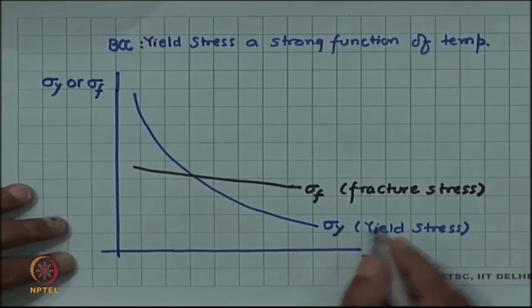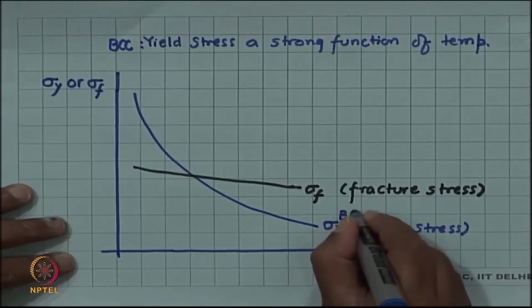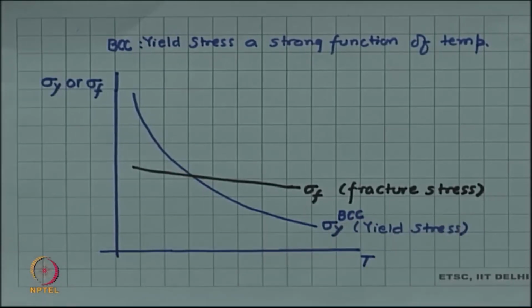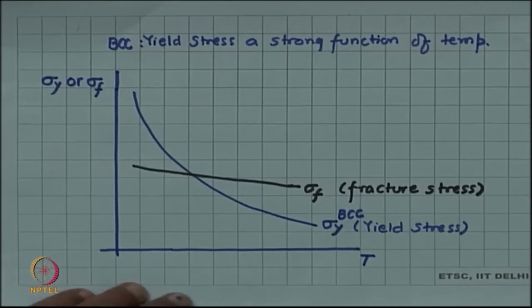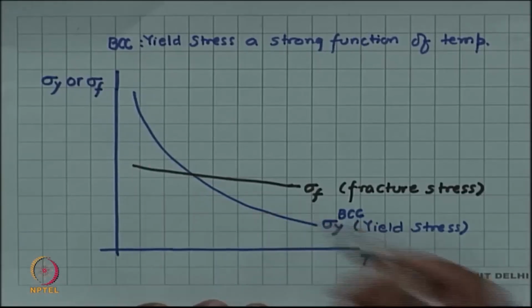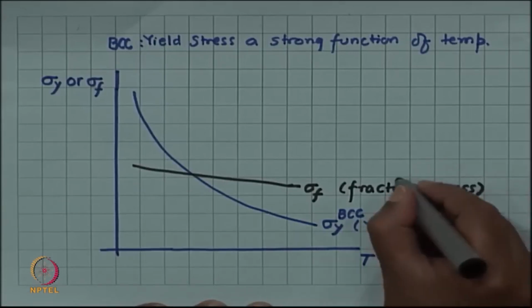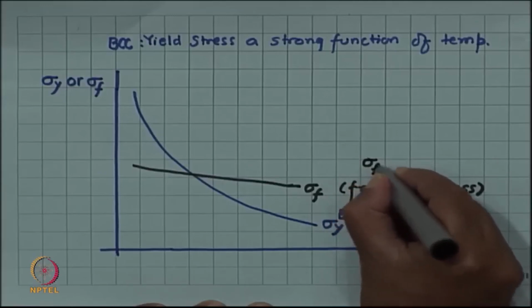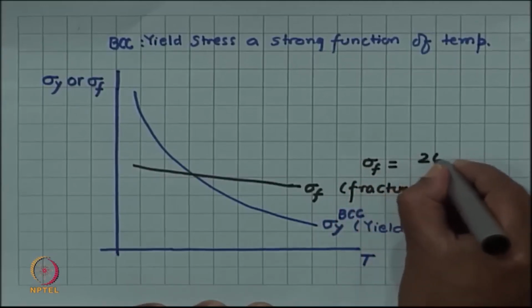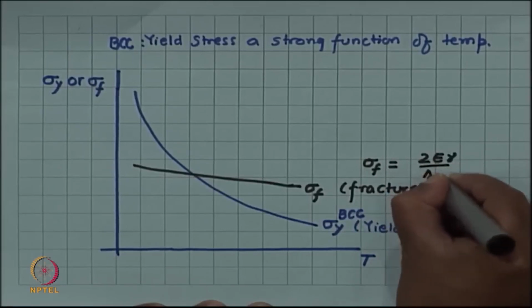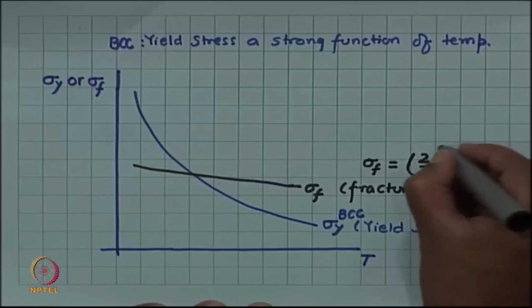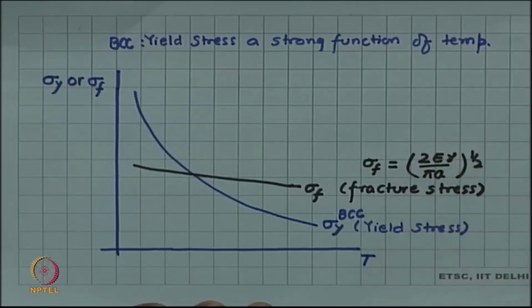So, this will be the yield stress for, let us say, BCC, and we are assuming that the fracture stress is not so sensitive to temperature. Which will mean, if you remember from Griffith's analysis, we had sigma f equal to the square root of 2 E gamma by pi a, where E was the Young's modulus and gamma was the surface energy.